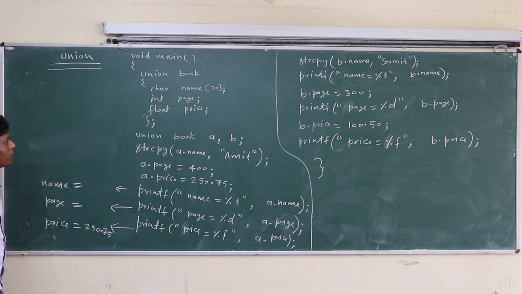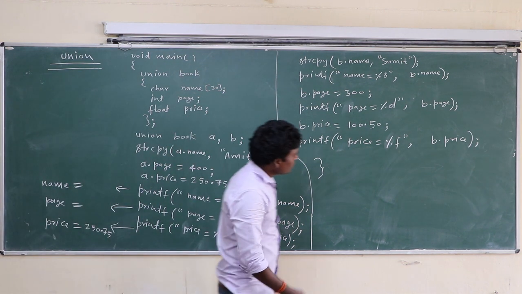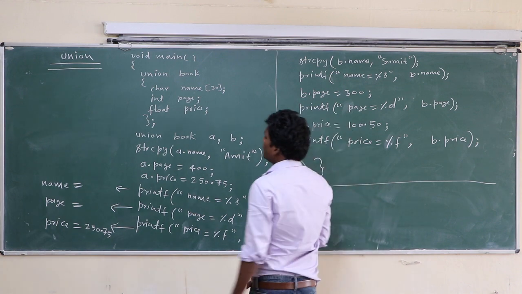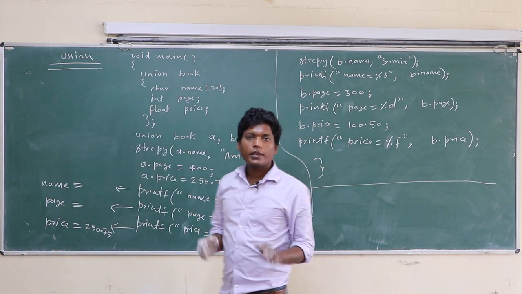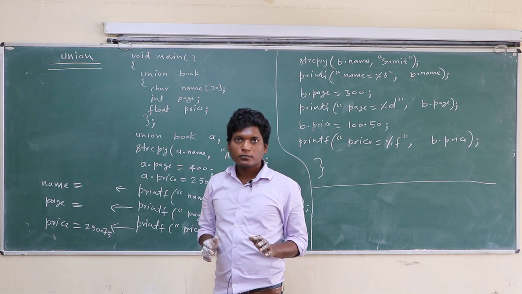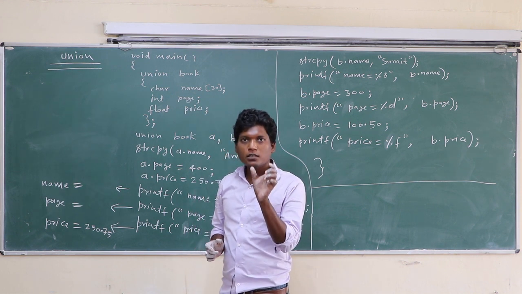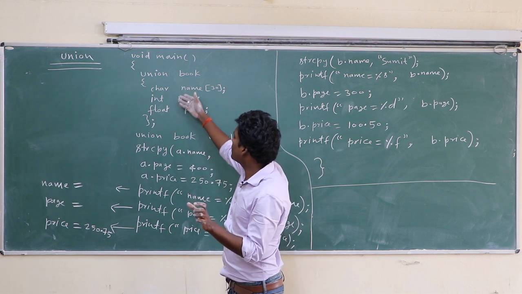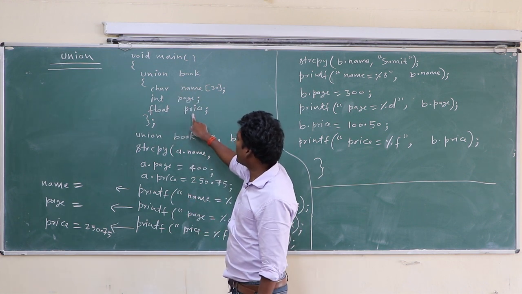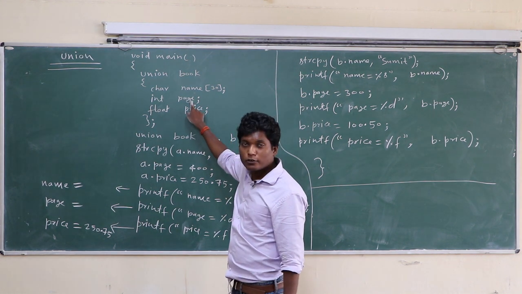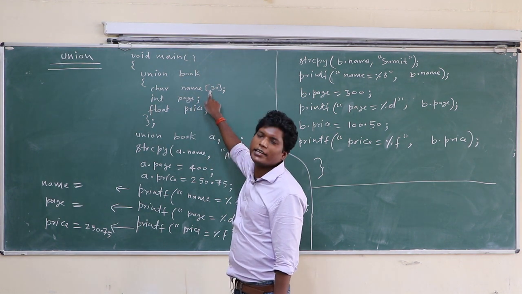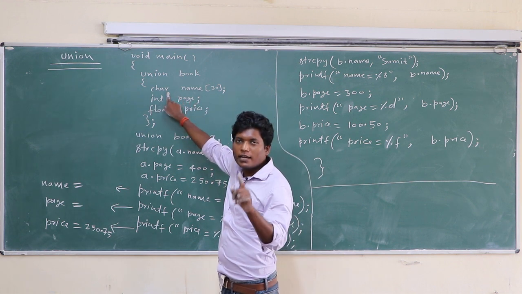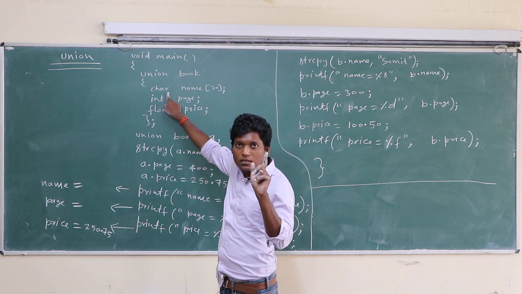Okay class, this is because union occupies a single memory, the single largest memory among all of its members. So it takes 4 bytes, it takes 2 bytes, it takes 30 bytes, because there is a character array, and each character occupies 1 byte.